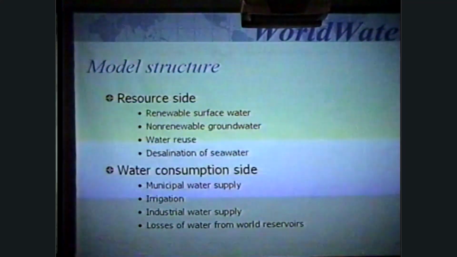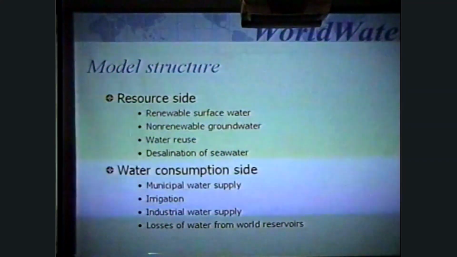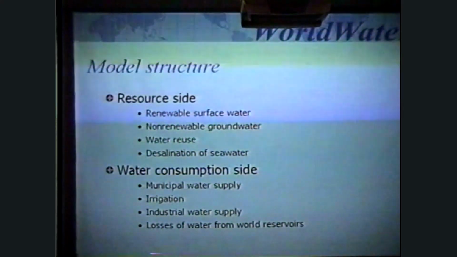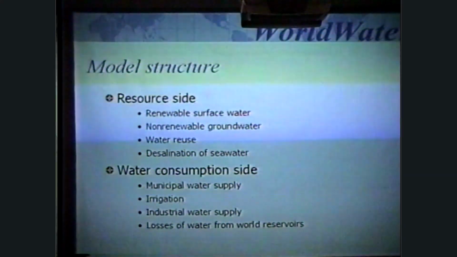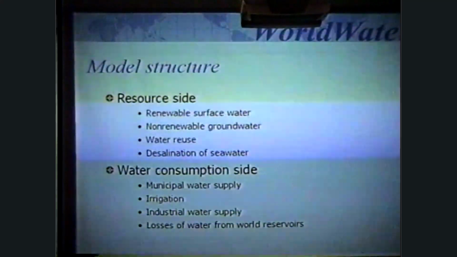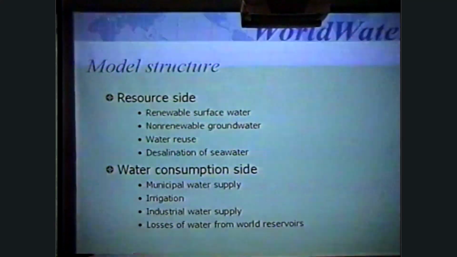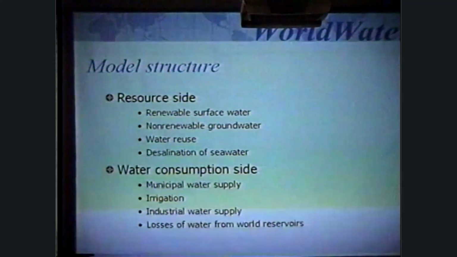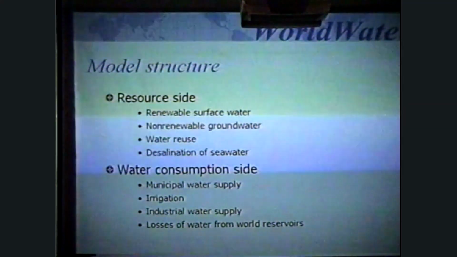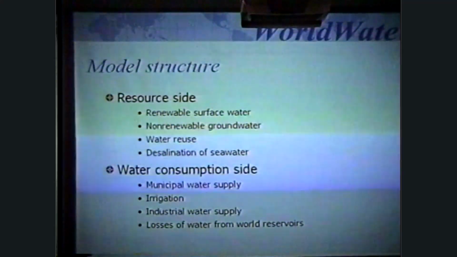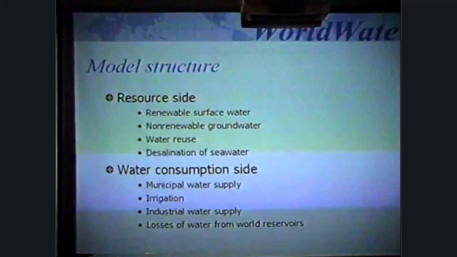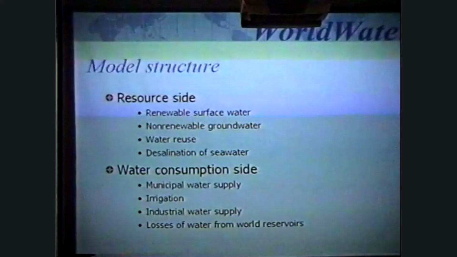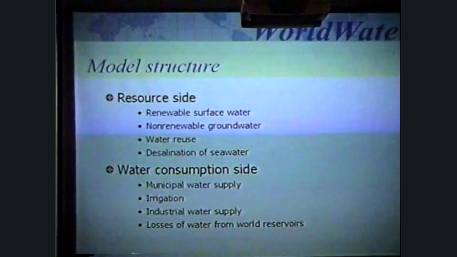The structure is developed in a very classical water balance way. I looked at the two sides, the resource side and the water consumption side. On the resource side, we were looking at all these different possible sources: renewable obviously first, then non-renewable groundwater, water reuse as one possible way of dealing with the issue of conserving, and then desalination of oceans or seawater.